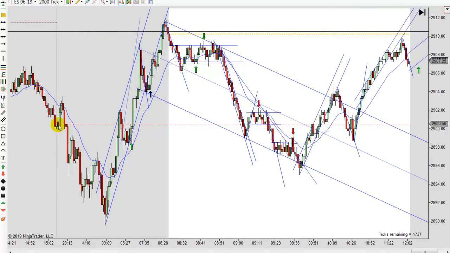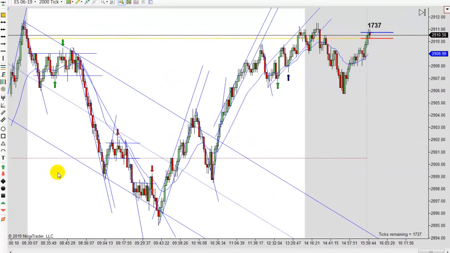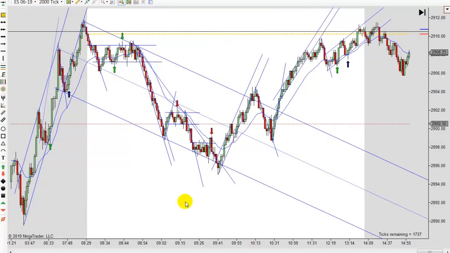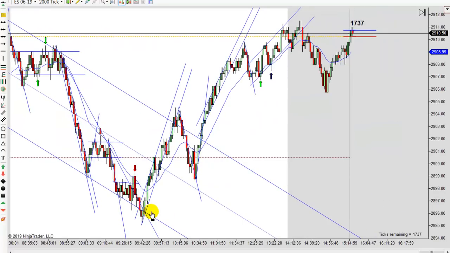So that's where we closed yesterday, right at 2900, and we closed a little higher today. Again, this is going into a holiday weekend, so obviously there was a little bit of buying going on late afternoon going into that holiday. We did recover from the 28.94 to 96 area all the way up to 29.11.